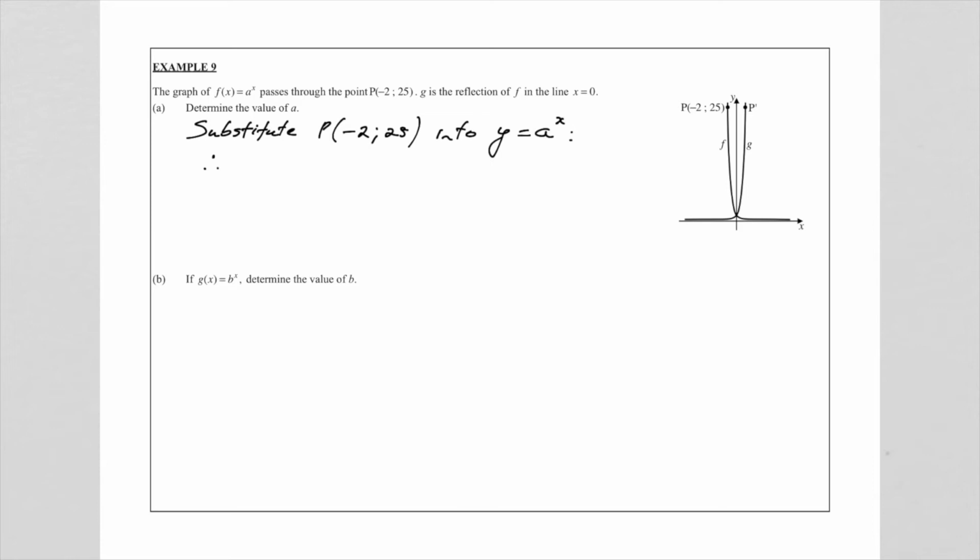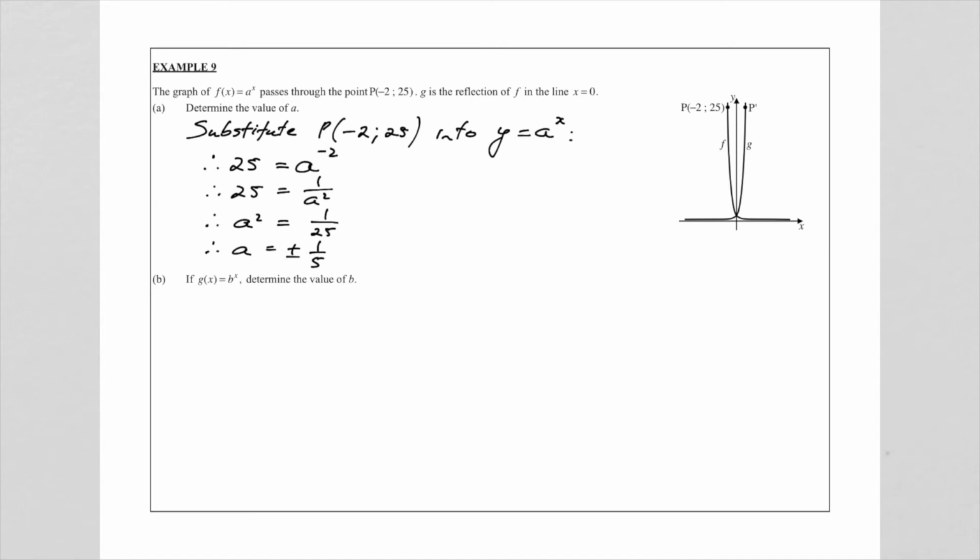So that means that 25 will be equal to a to the minus 2. And you will remember from exponents, we can write this as 1 over a squared. So that means that a squared is equal to 1 over 25. And that means that a will be plus minus 1 over 5 because we find the square root on both sides.